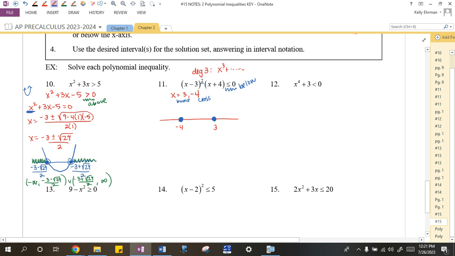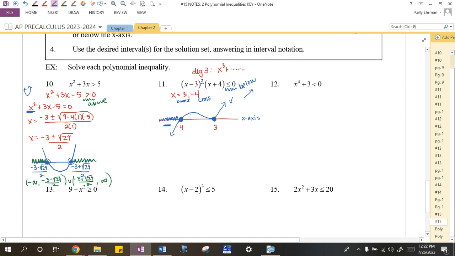The end behavior for an x cubed graph that's positive is up on the right, down on the left. So it's a very rough sketch. I do the end behavior first. I cross at negative 4. I bounce at 3. So take a look at what this graph is doing. The number line represents the x-axis, always. So the graph is negative on this section, or the graph is below the x-axis.